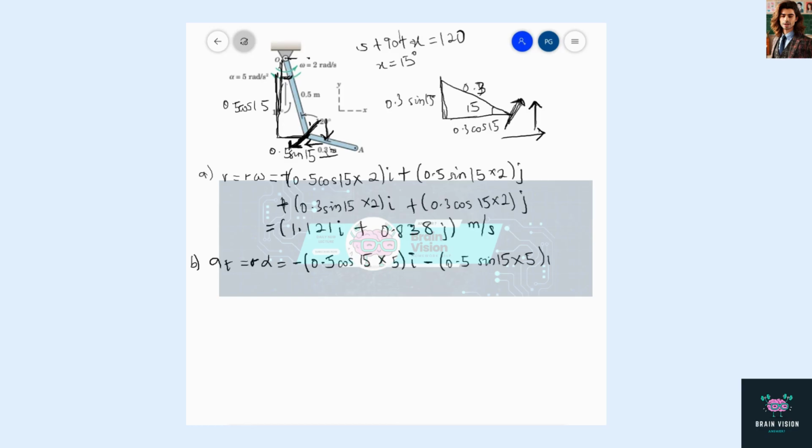And for this side also the acceleration will be in this direction, so we're going down and left, and this is going to be minus 0.3 cos 15 times 5 j minus 0.3 sine 15 times 5 i.